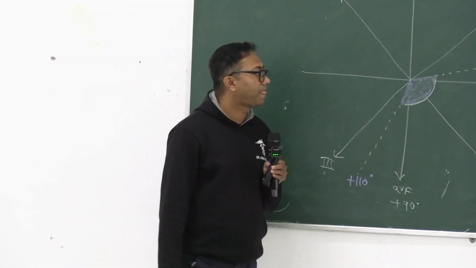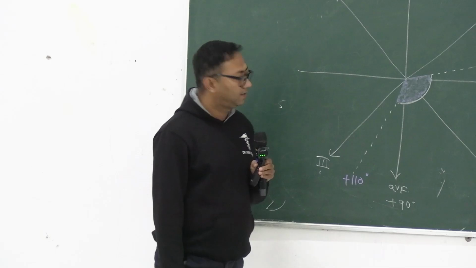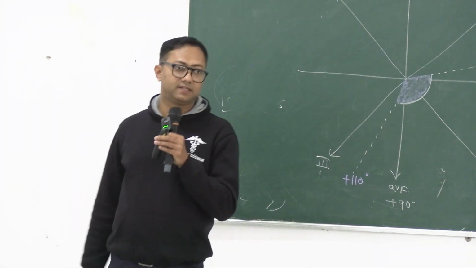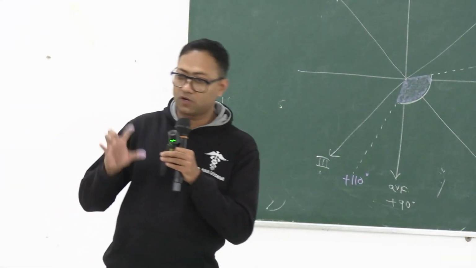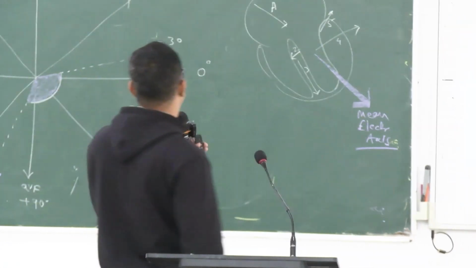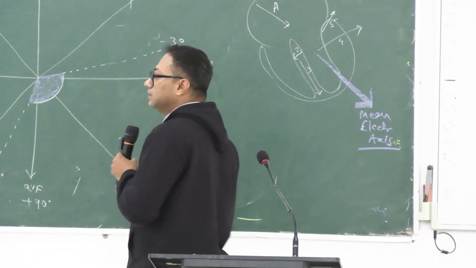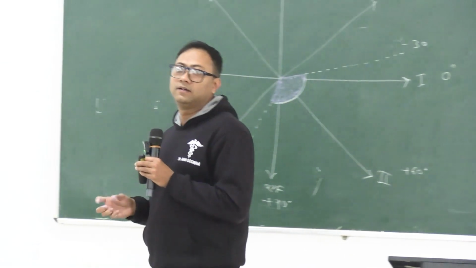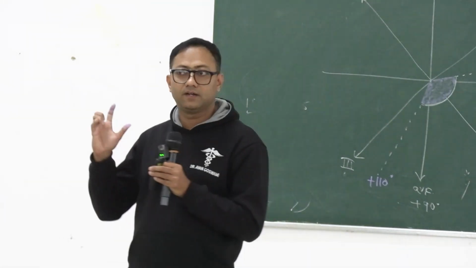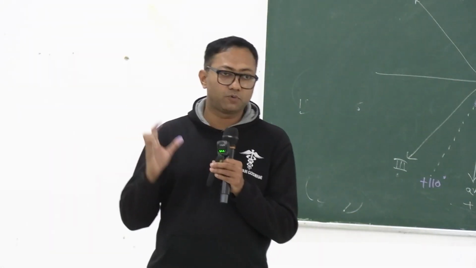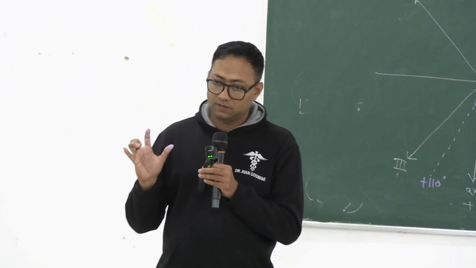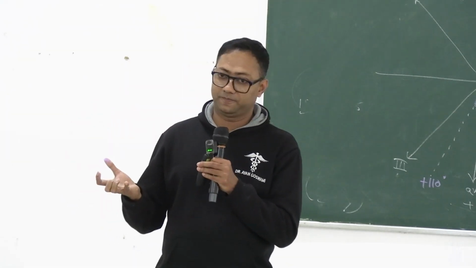This axis depends on many things, for example the ventricular muscle mass. We need a stronger vector to depolarize a strong muscle.